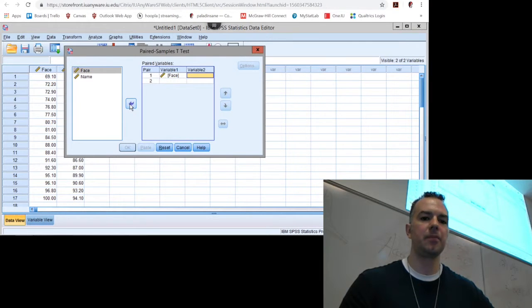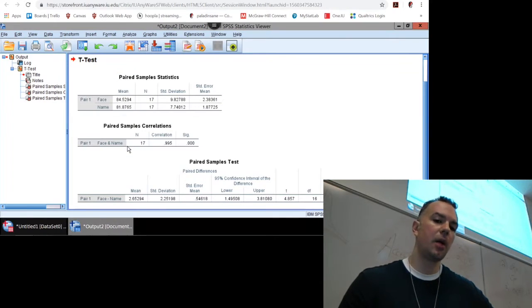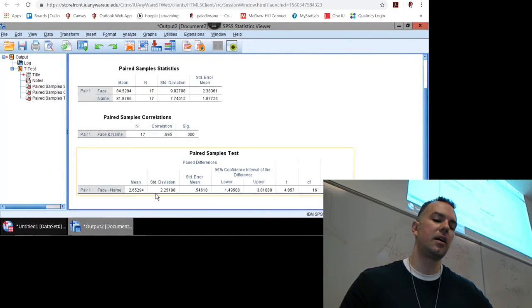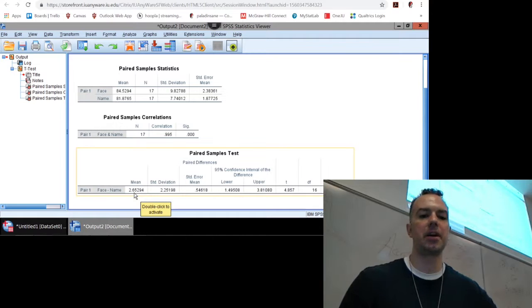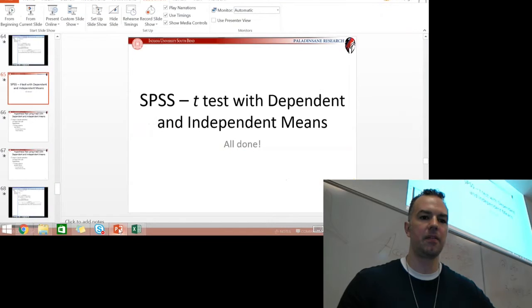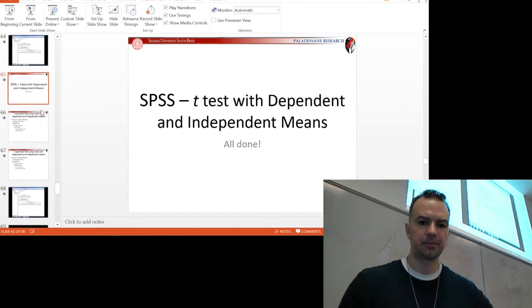Let's pop in name as variable number 2. And we hit OK. And we get our analysis. And we notice down here that this is face recognition minus name recognition, which gives us a positive value if faces are better recognized. And that makes more sense to our human mind. So I'm going to keep it in that position.